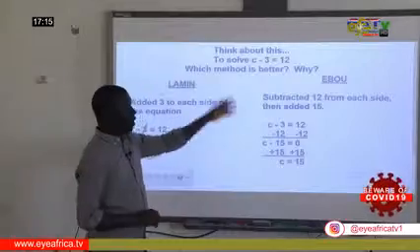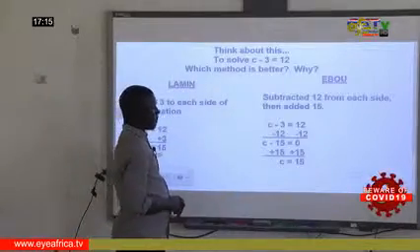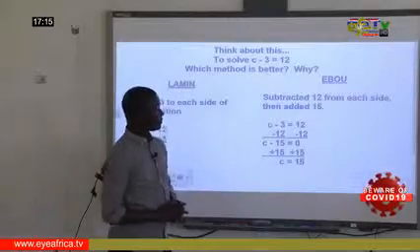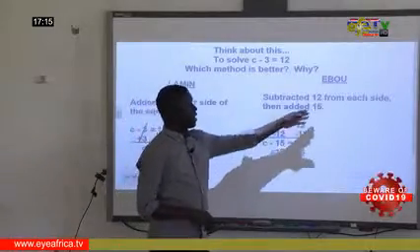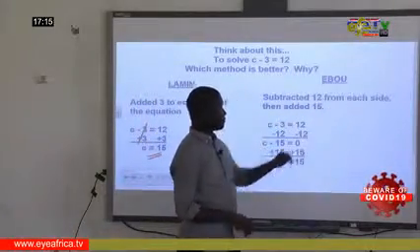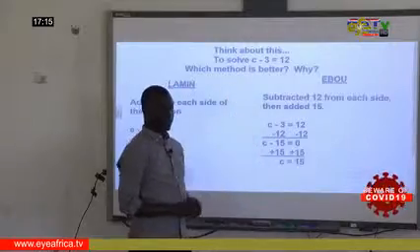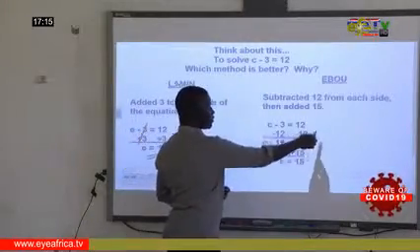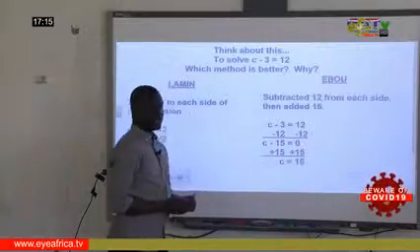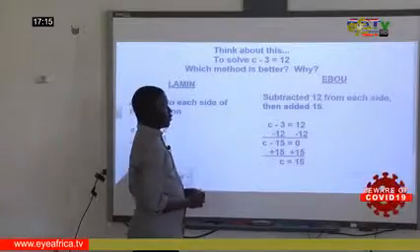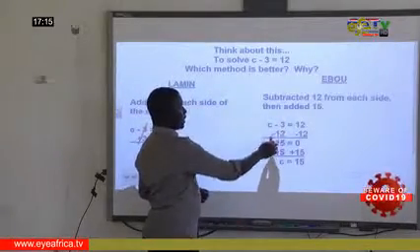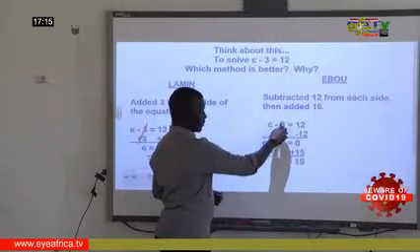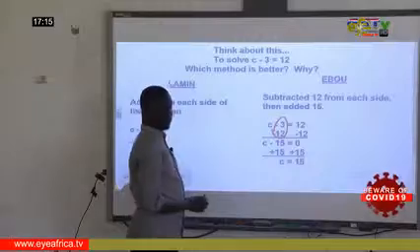And let us see Ibu's work now. They got the same equation, c minus 3 equals 12. Subtract 12 from each side, then add 15. Ibu subtracted 12 from each side first. So we have c minus 15, since negative 3 minus 12 equates to negative 15.